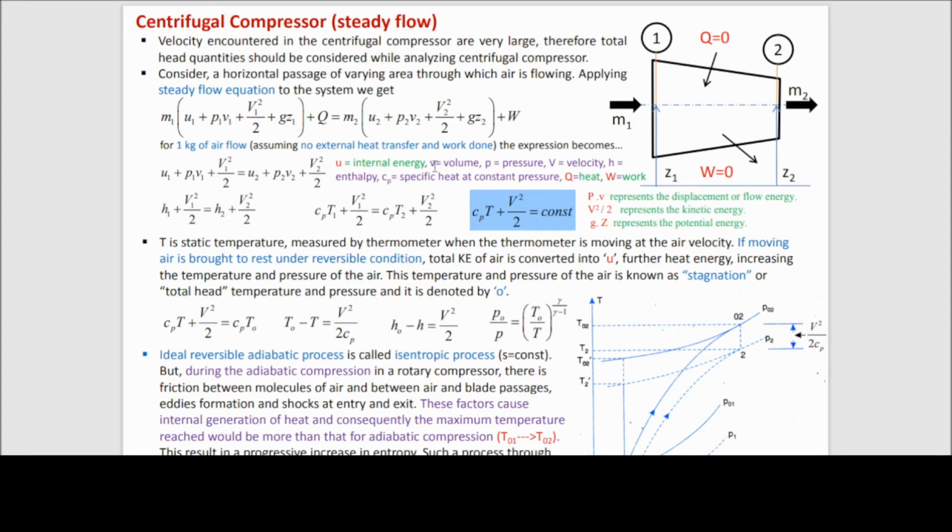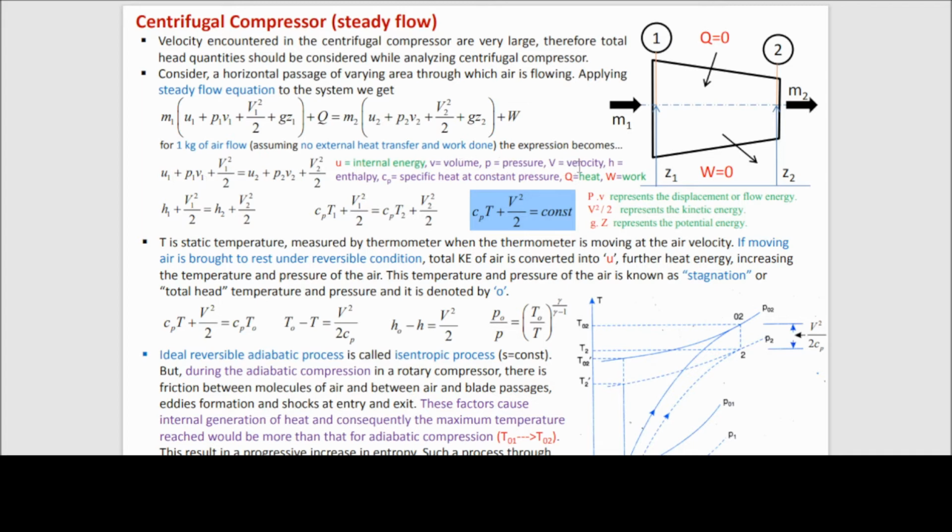Along with the flowing fluid, this much energy is there. This is the energy associated with fluid flowing in, this is the energy associated with the fluid flowing out. Now U is the internal energy, V is the specific volume, not volume.